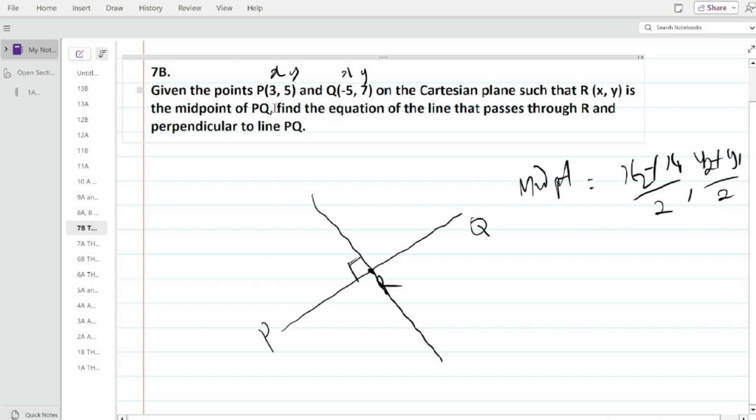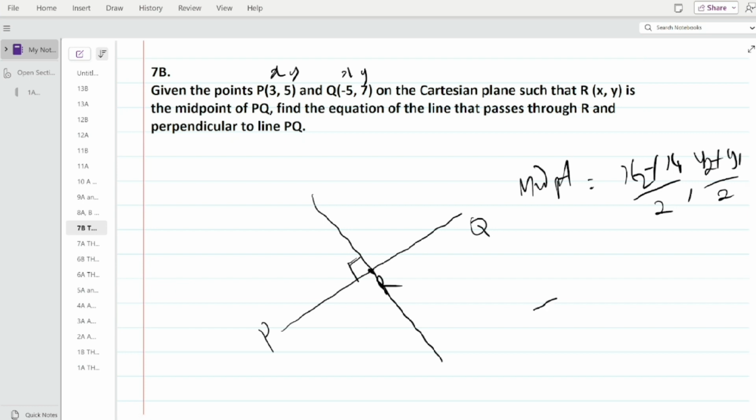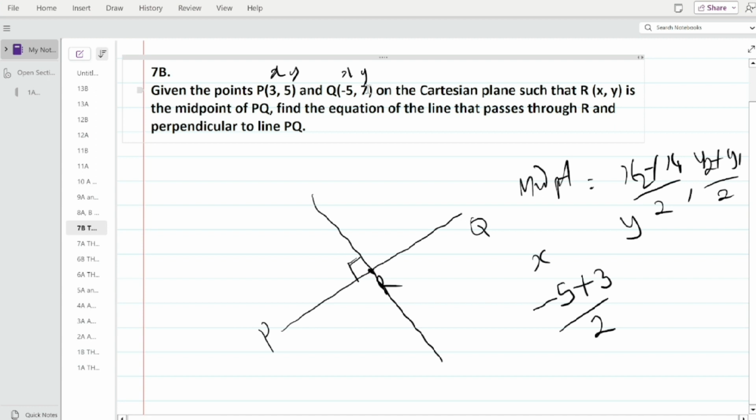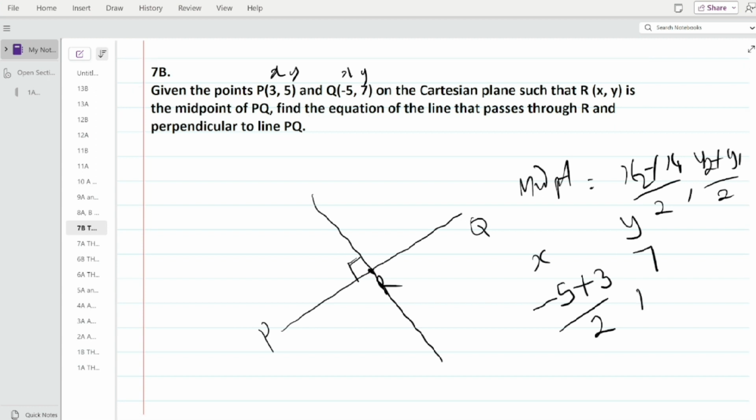Our x1, which is for P, is 3. So we have (-5 plus 3) over 2 for the x coordinate, and for our y coordinate, our y2 is 7 and our y1 is 5, so (7 plus 5) over 2.